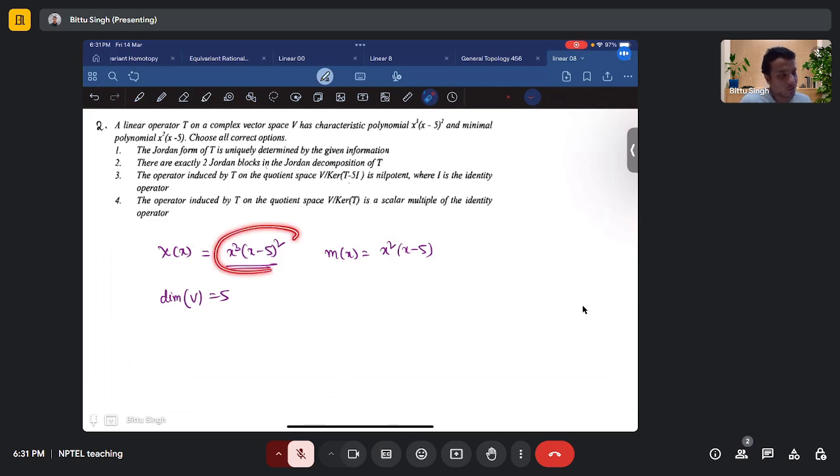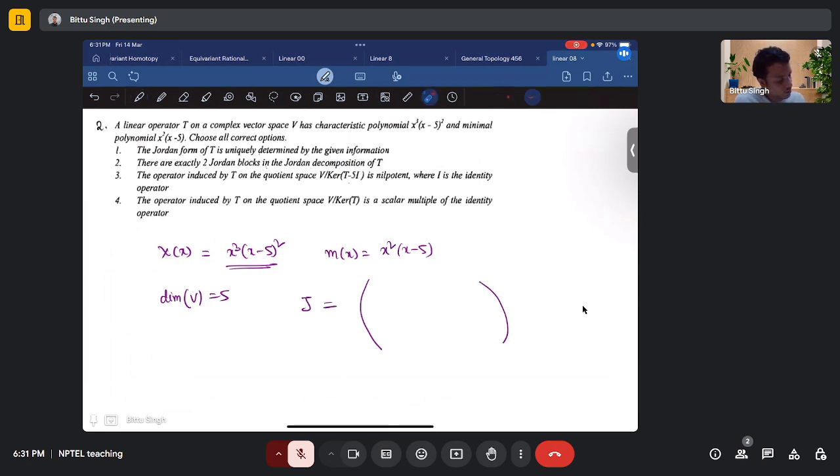the degree of this characteristic polynomial is 5. So the dimension of the vector space must be 5 because T must be some 5 by 5 matrix. Otherwise, this is not the case, right? So the dimension of the vector space is 5. Let us look at what the possible Jordan canonical forms J are.